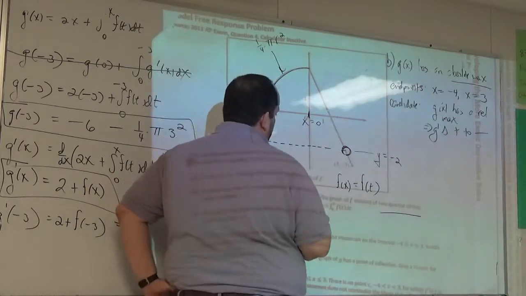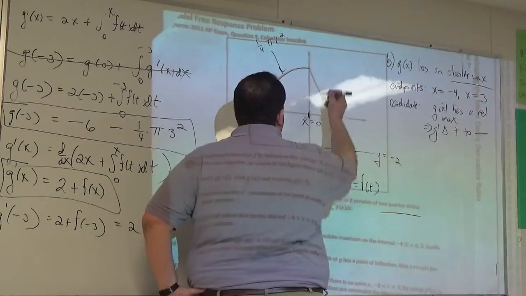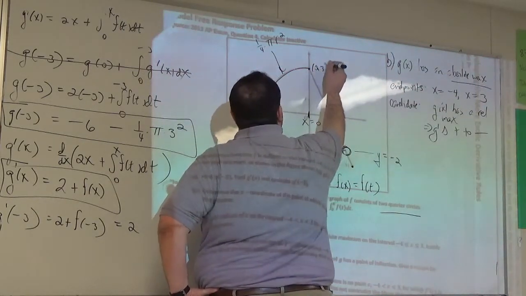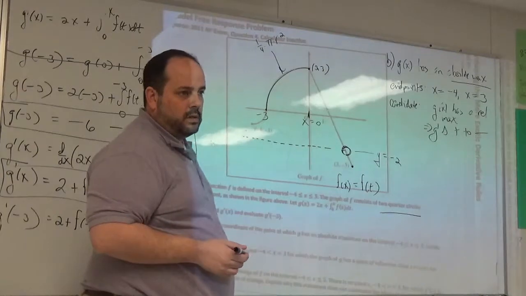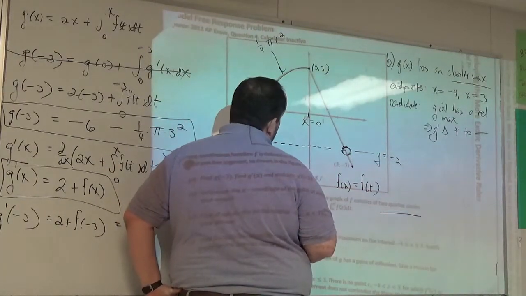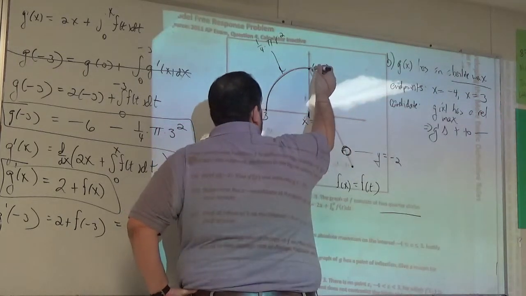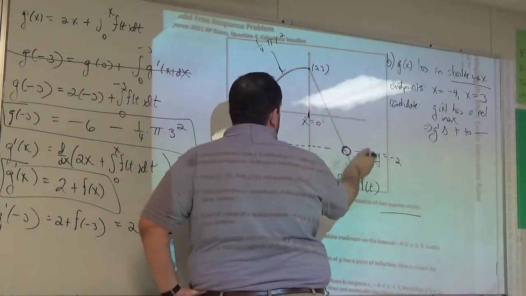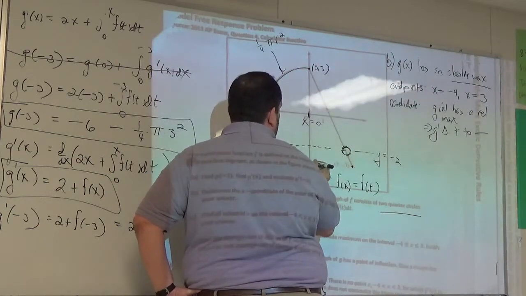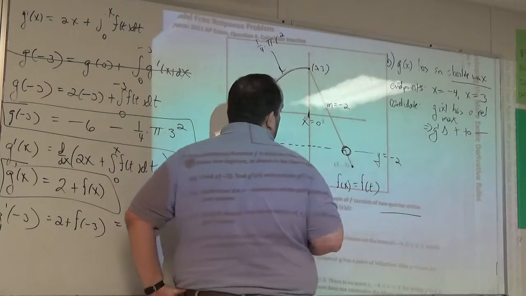Well, let's see. What do we know for sure? I know this point is over here at 3 comma negative 3. I know this point up here is at 0 comma 3. It's not changing by 1. If I look at the line that connects these 2 points, you go down 6 and over 3, so this has a slope of negative 2.